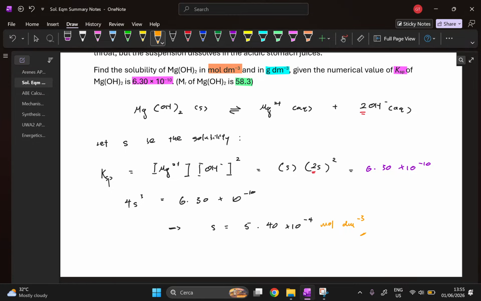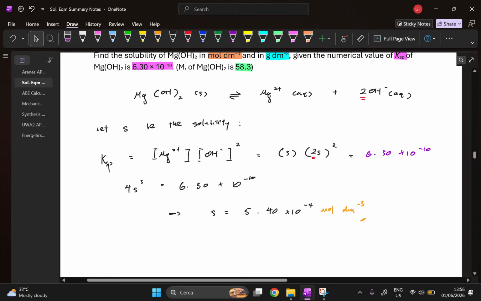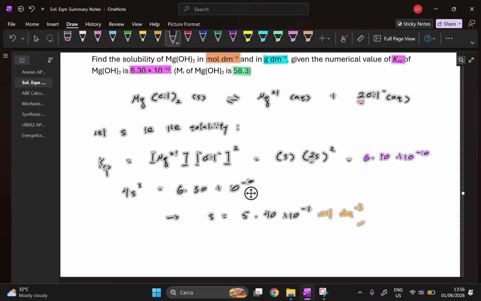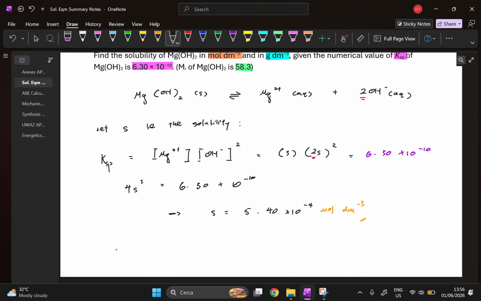Now I need to find it in grams per dm cube. I am given Mr is 58.3, right? So now I'm just going to do the reverse of that conversion I showed you earlier. If I want to convert the units of S from mole per dm cube to grams per dm cube, then I have the concentration in moles per dm cube, and I'm going to multiply it by the Mr, which is given to us as 58.3.